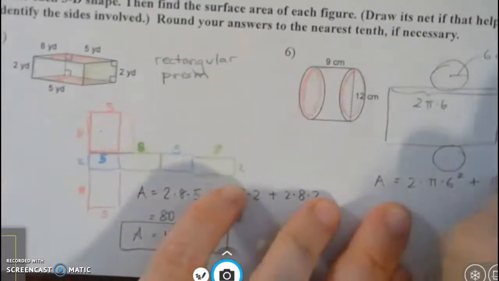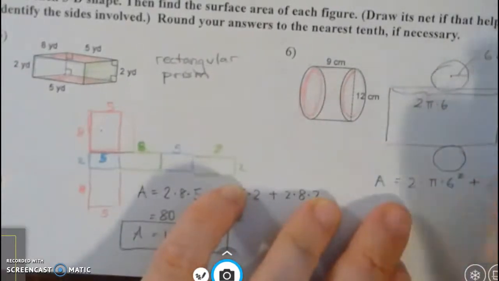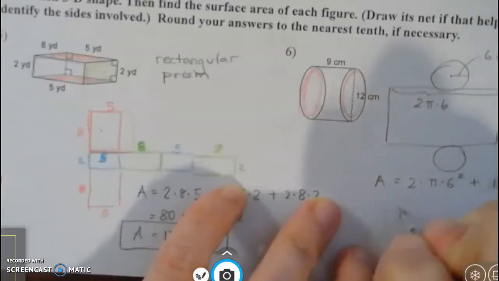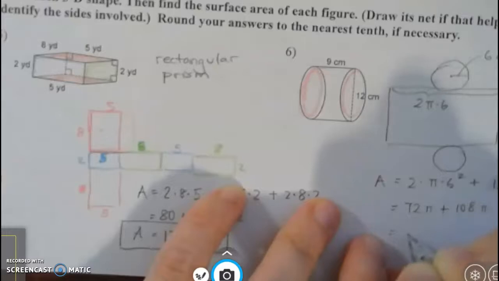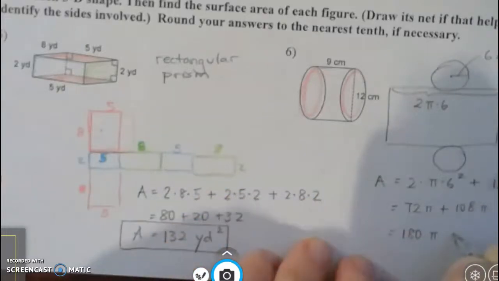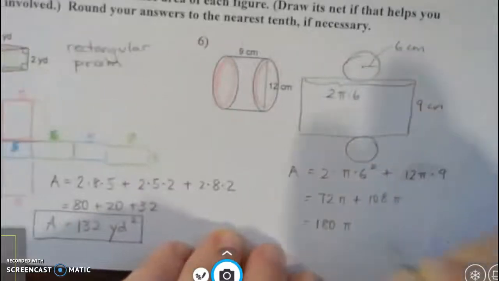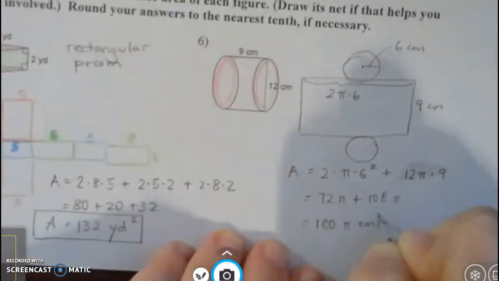Let me write how I got there. So that is 12 pi multiplied by 9. Okay, so then we have 6 squared is 36, times 2 is 72 pi, plus 12 times 9 is 108 pi, and 108 plus 72 is going to be 180 pi centimeters squared.